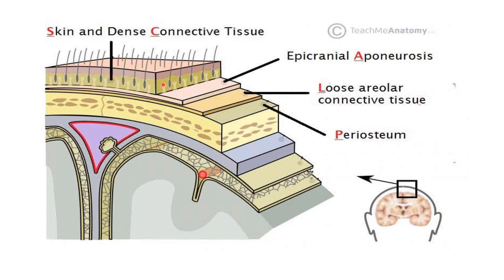The dense connective tissue. The dense connective tissue connects the skin to the epicranial aponeurosis. The dense connective tissue is highly vascularized and innervated.